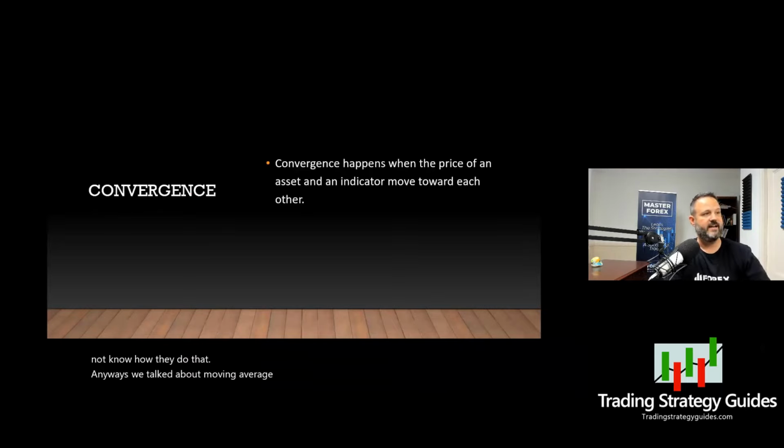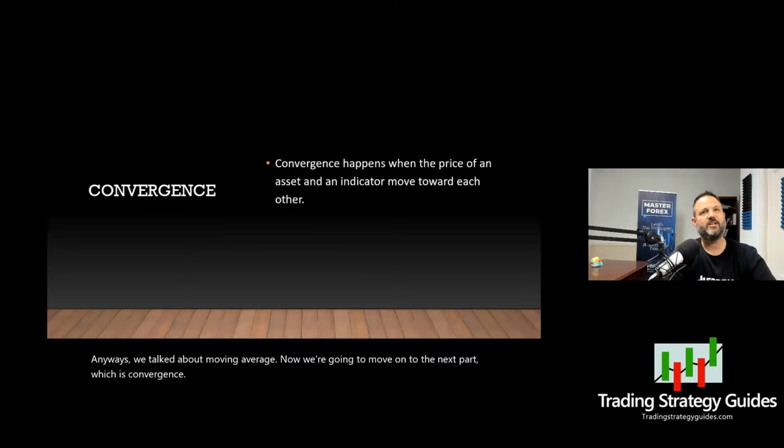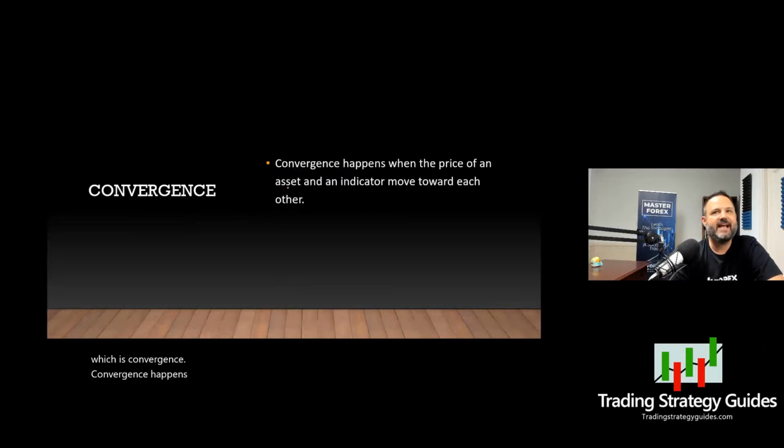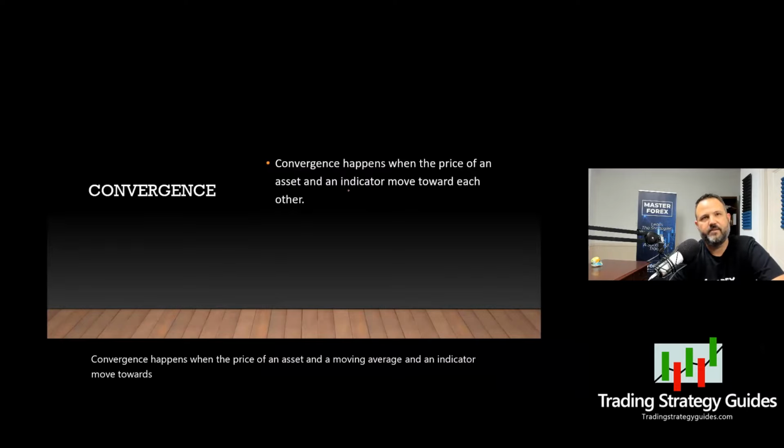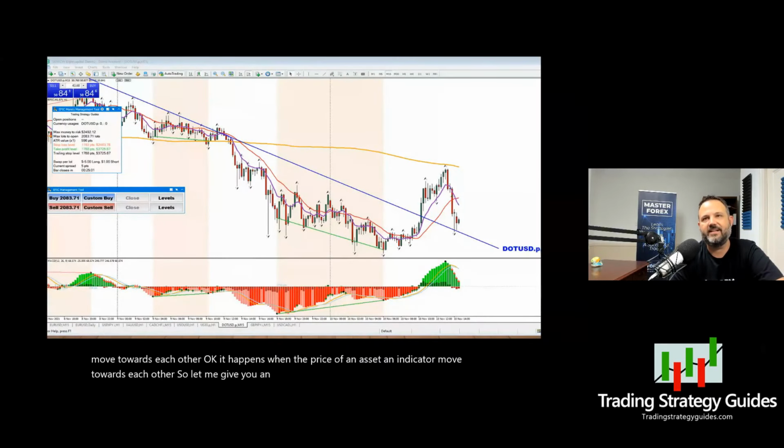Now we're going to move on to the next part, which is convergence. Convergence happens when the price of an asset and an indicator move towards each other. Let me give you an example. In this particular scenario, we can see the price here, that's where I'm circling.